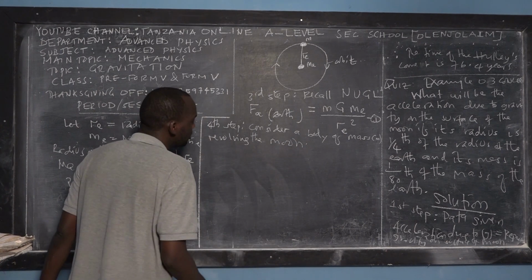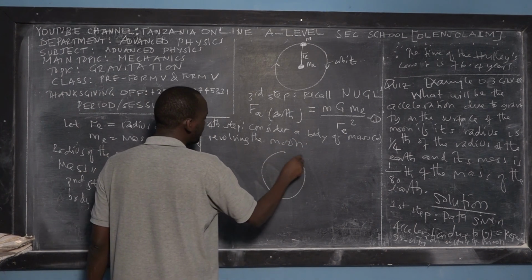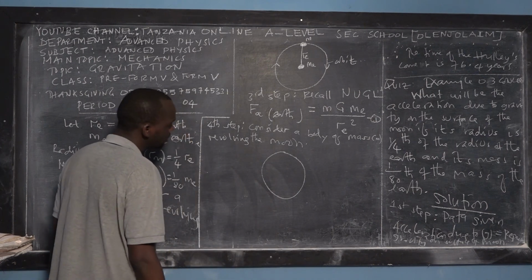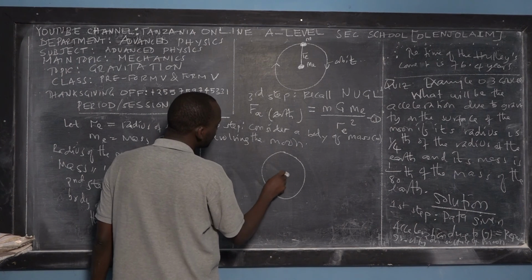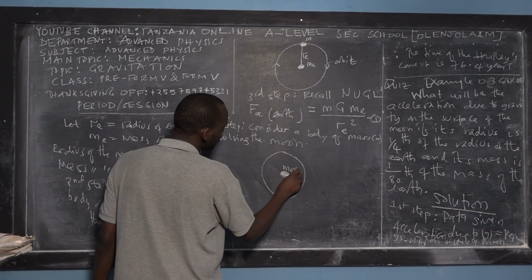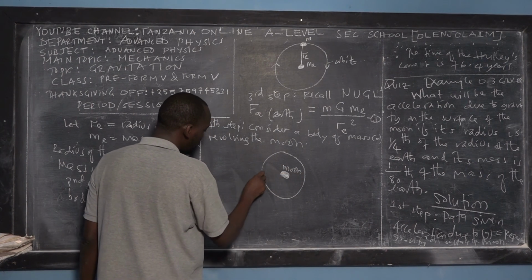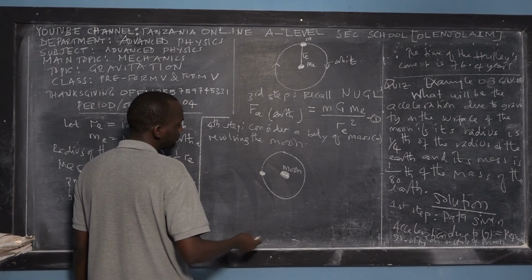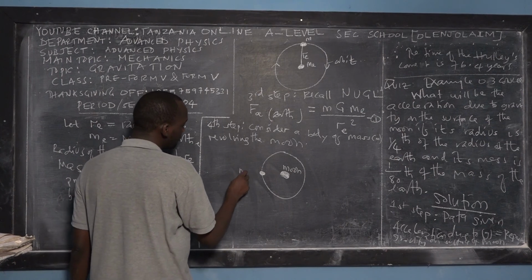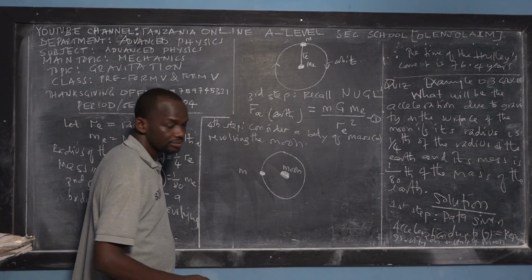So again we say that we have another orbit, with the moon at the center. Suppose that here we have a certain body, let's say of mass m.